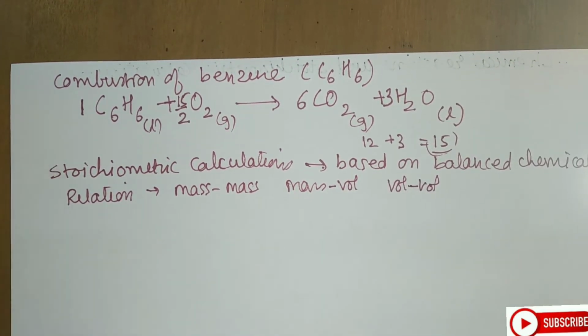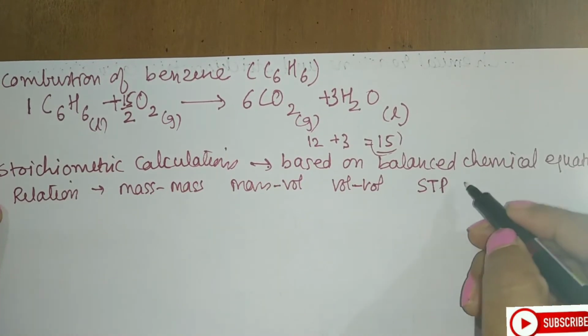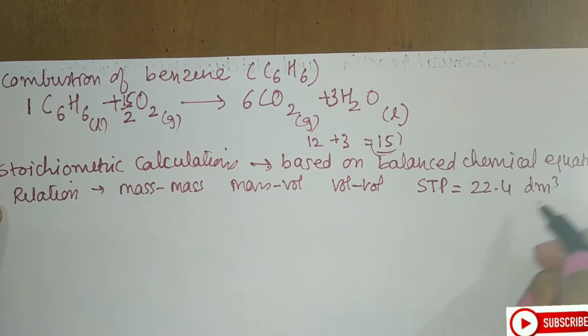Now when I say mass, the immediate thing that comes into consideration is the molar mass. When I say volume, then I am talking about the standard temperature and pressure condition, and that volume is 22.4 dm cube or 22400 cm cube.